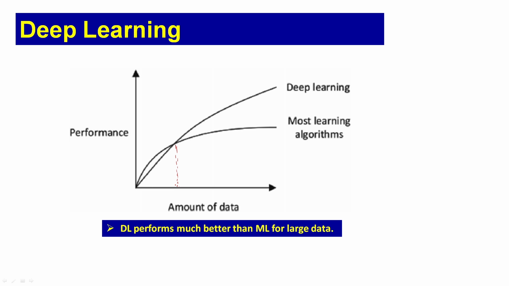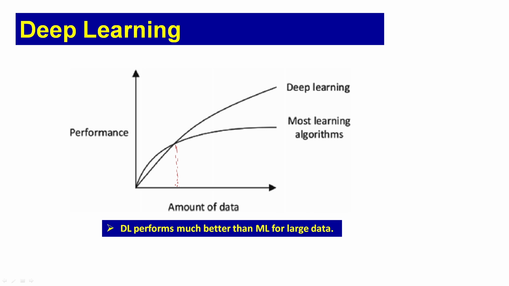So, never try to use deep learning for new materials; that may not work well, because as you clearly see, the performance of deep learning is poor compared to machine learning when the amount of data is on the lower side. That is one of the critical aspects of deep learning.